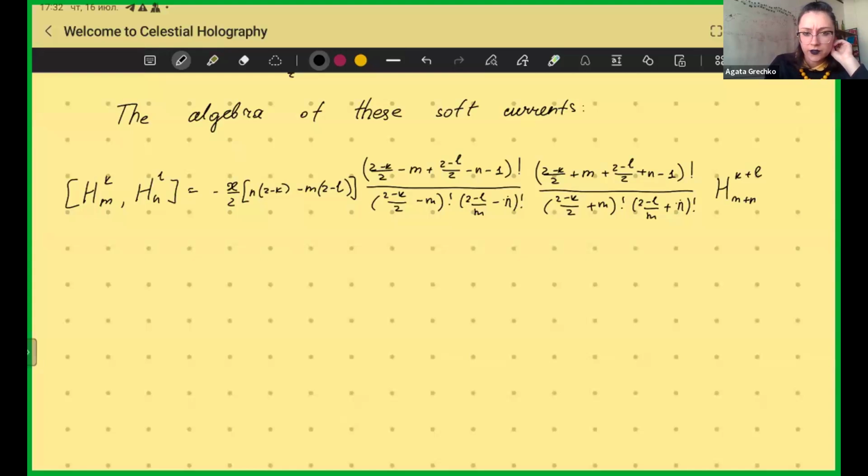I think you can just write factorial in this sense, because here k runs over mostly negative values, so this thing will be positive. Maybe you can use gamma function, but I think here it is all right to use factorial.